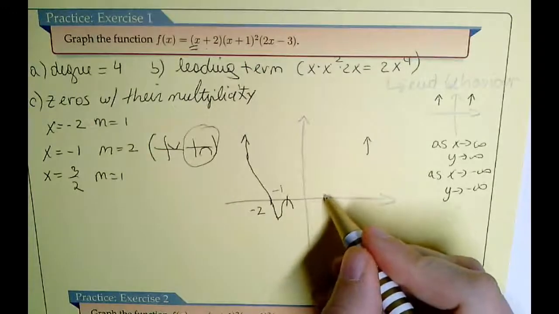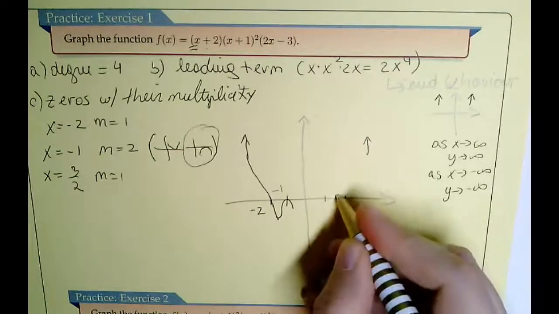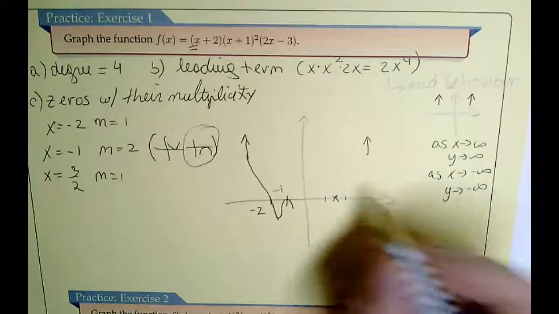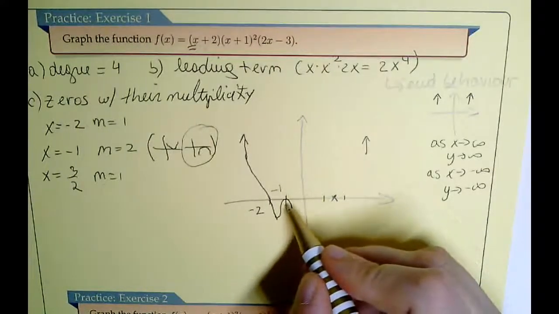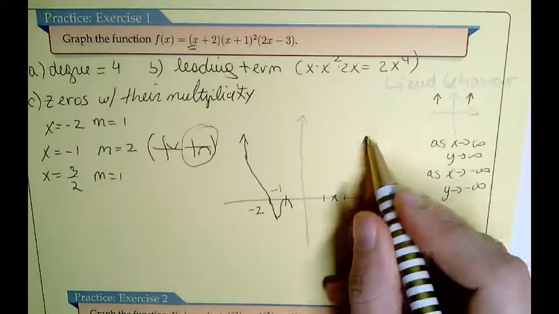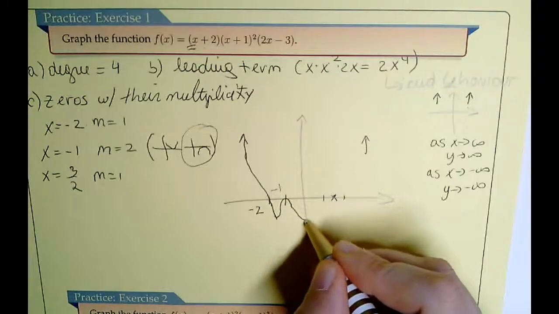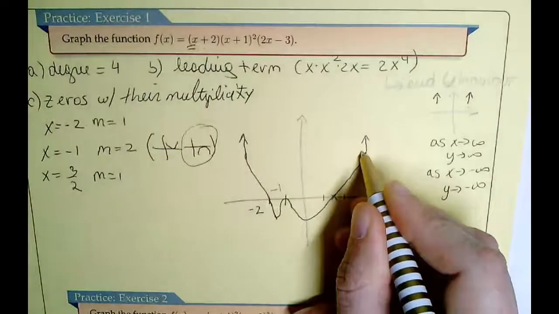So if this is 1, this is 2, 1.5 is here. So it's going to have to straight up cross in here. So from here, all it has left to do is cross in here and then end up like that.